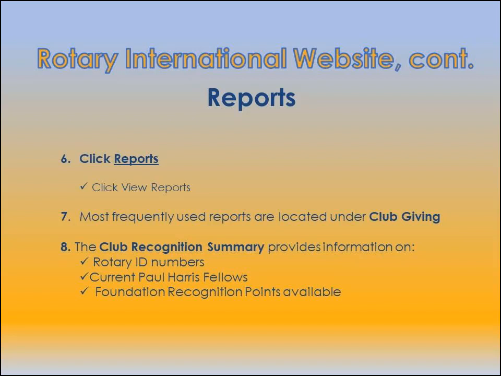The most frequently used reports are located under Club Reports, Contributions and Recognition, Club Giving. The Club Recognition Summary will provide you with a wealth of information such as Rotary membership ID numbers, current Paul Harris Fellows, and Foundation recognition points available. I invite you to explore the other reports available here in the Reports area.